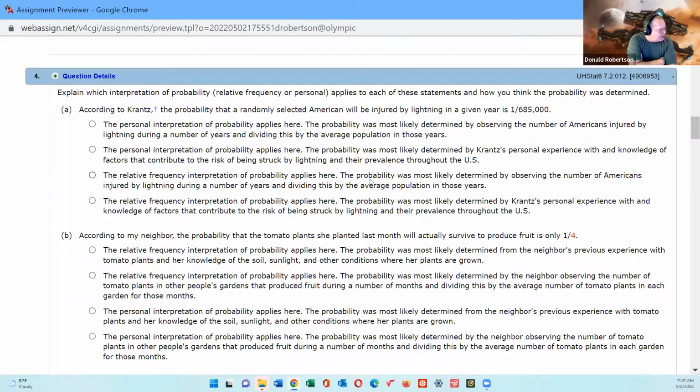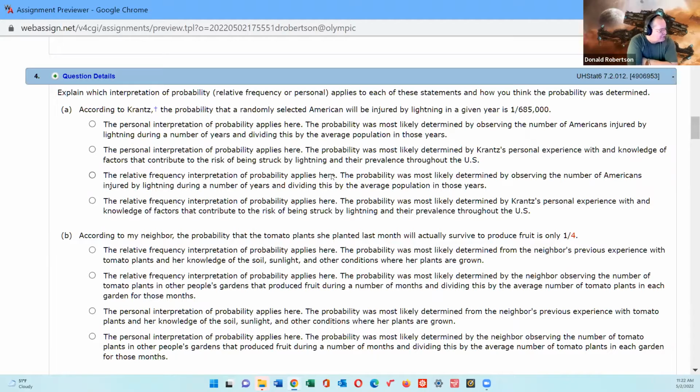Now, here is a kind of question where they ask you just to tell, is this a relative frequency or is this a personal opinion probability, right? So here we go. And then it goes on and says, how do you think the probability was determined? Right, how was it calculated? Now, according to Krantz, oh, there's a little reference here. So if you go to a book called Krantz, published in 1992, and you turn to page 161, so that's just a reference.